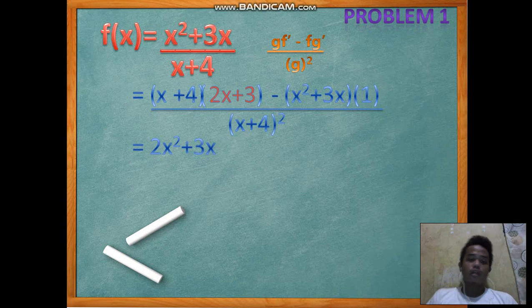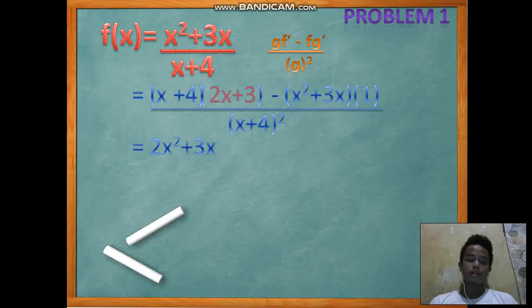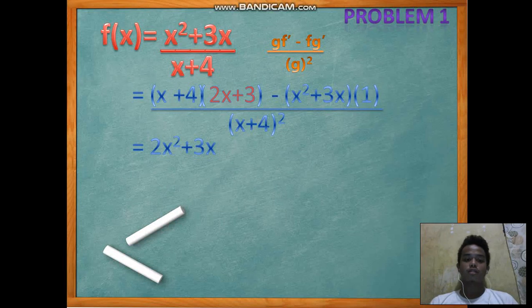So we can now apply the FOIL method, which is x times 2x is equal to 2x squared plus x times 3 is 3x.